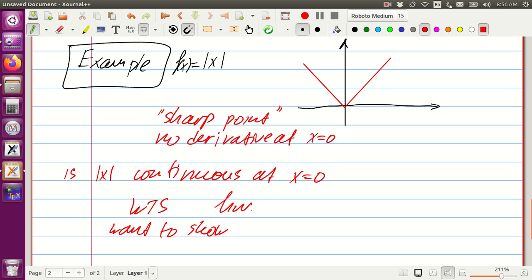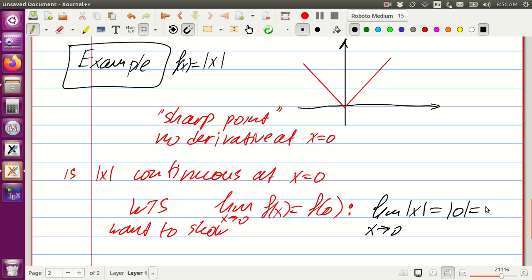We want to show that the limit as x goes to 0 of f of x is equal to f of 0. So let's try to do that. The limit of absolute value of x as x approaches 0 is equal, by direct substitution, to absolute value of 0, which is 0. And this is also equal to f of 0. So check mark, the function is continuous.